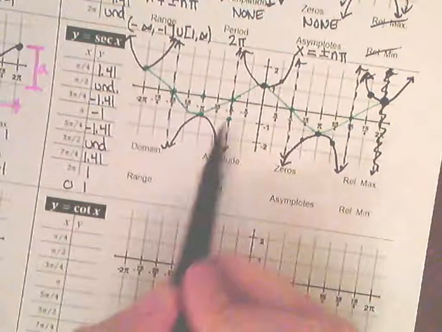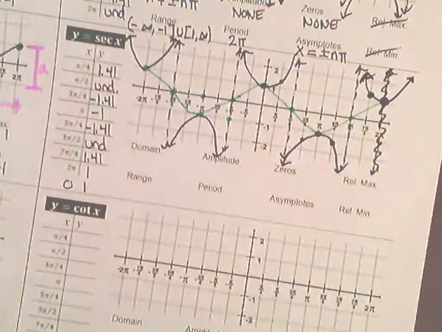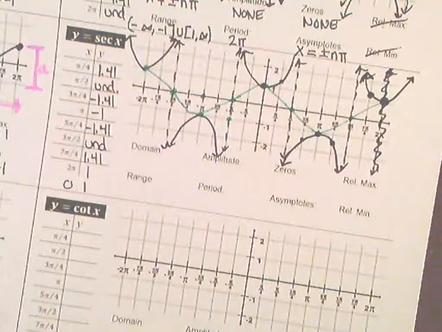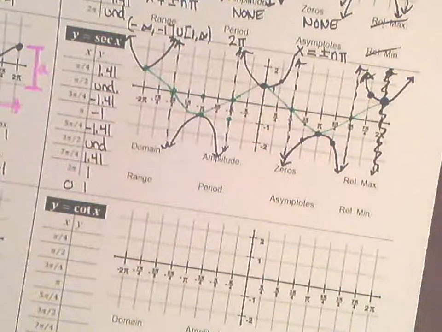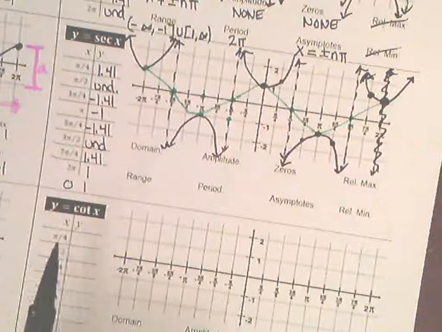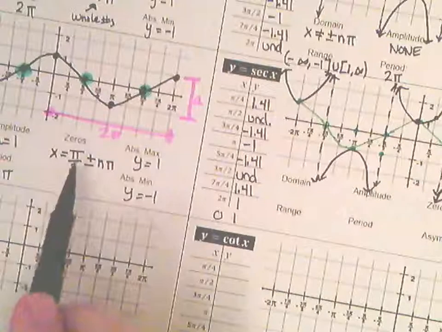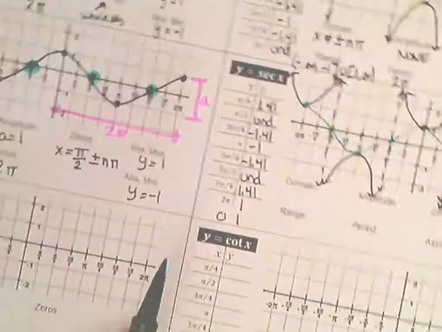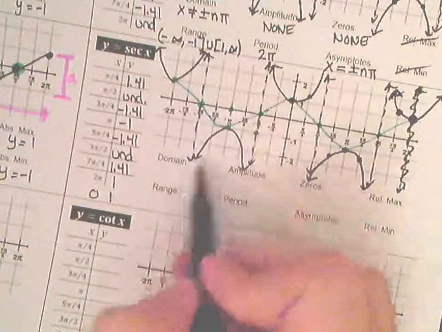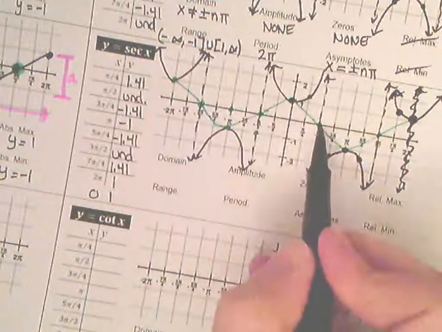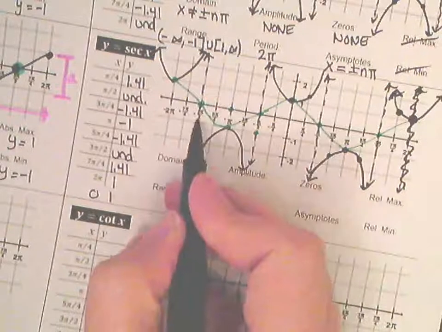So the black portions, the parabolas, are basically our functions for secant. So here, the domain is going to be similar to our zeros equation, because the graphs are everywhere except on these asymptotes, and those asymptotes are at the halves.